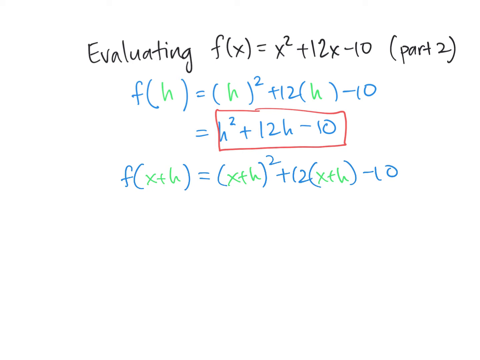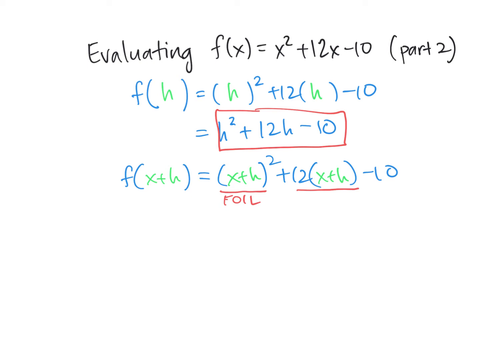Simplify means get rid of parentheses, combine like terms. So let's get rid of parentheses first. I have parentheses here, and I've got parentheses here. In order to get rid of this first set of parentheses, I'm going to have to FOIL that out. What do I mean by that?